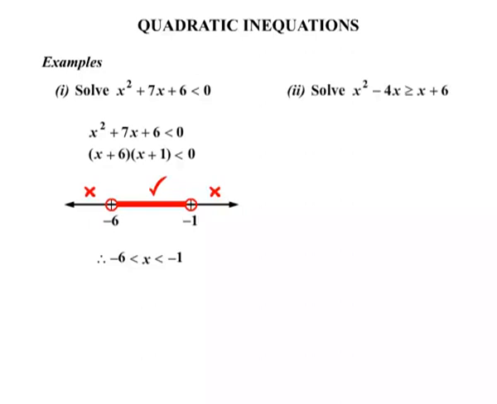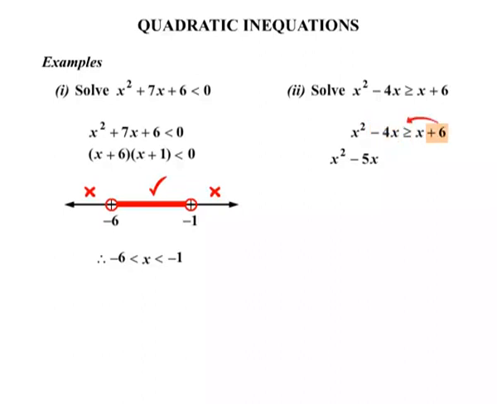The second one, we need to solve x squared minus 4x greater than or equal to x plus 6. So it's a quadratic again. Let's write it down. Now the x squared, let's just write that down. The minus 4x is going to be joined by the x there, but when that x comes over, it becomes minus x. So we've got minus 4x minus another x will be minus 5x.